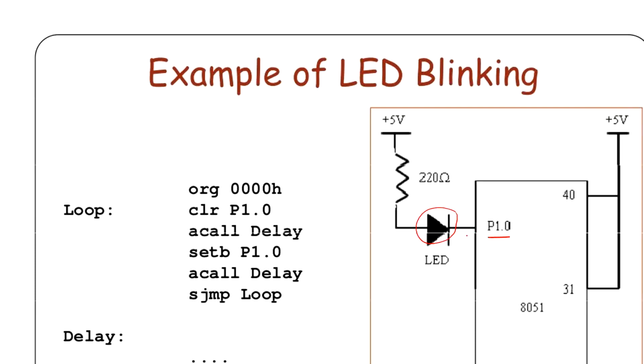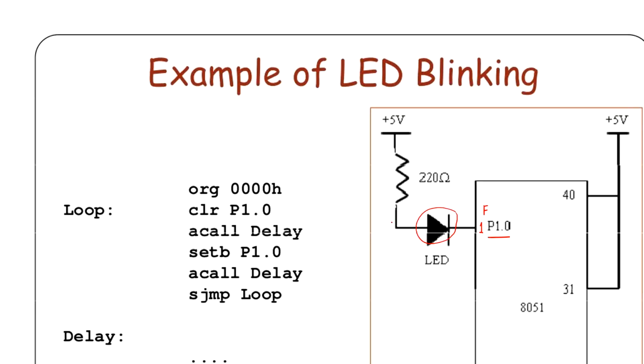Initially all the ports become FF, that means it is 1. Then it is reverse biased so that your LED will be off, because once your VCC is connected to this, that should blink.